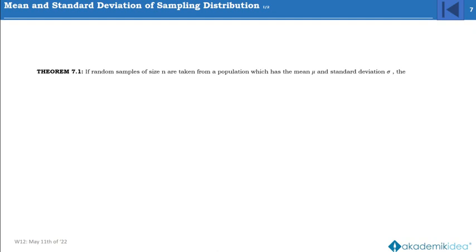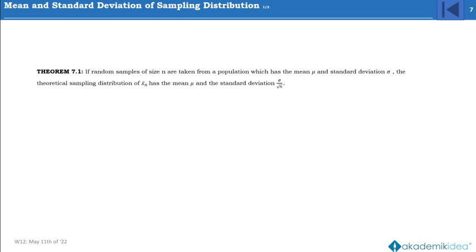Theorem 7.1 states that if random samples of size n are taken from a population which has the mean mu and standard deviation sigma, the theoretical sampling distribution of sample means has the mean mu, the population mean, and the standard deviation, the population standard deviation divided by the square root of the sample size n.